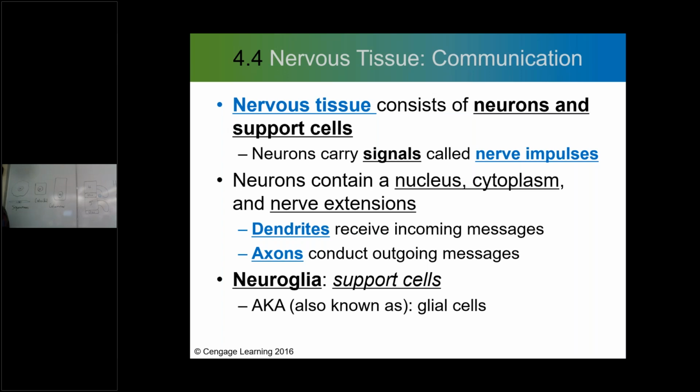So a neuron is a nerve cell. Neuron, nerve cell, okay? So a neuron is a type of very important cell present within the nervous system.